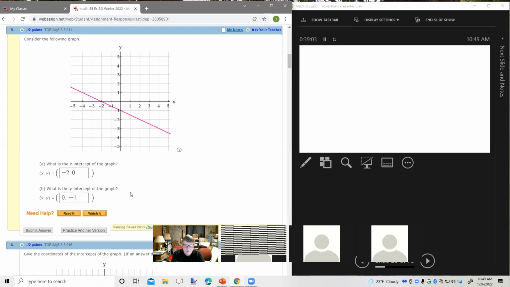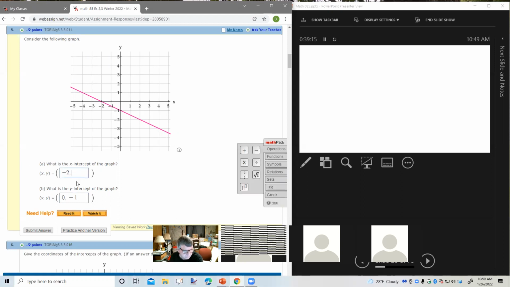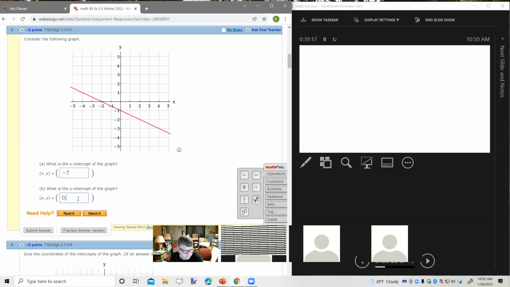Now, this is one of those things where I've told students quarter after quarter till I'm blue in the face, and still a number of students don't do this correctly on a test. They'll just do this. Oh, wait, for the y-intercept, they'll put in negative 1.